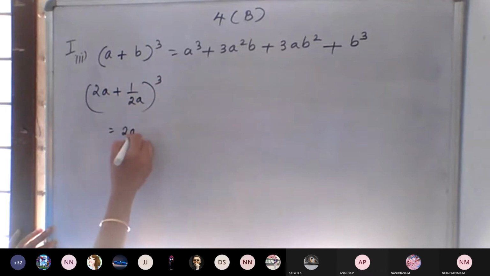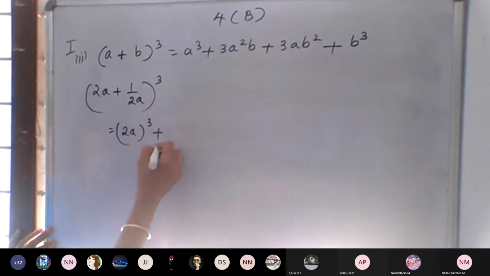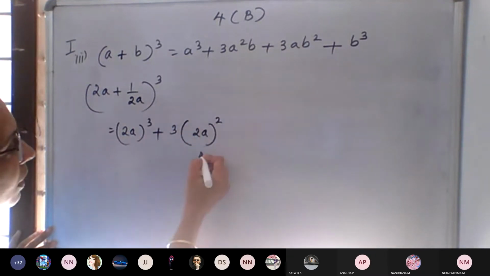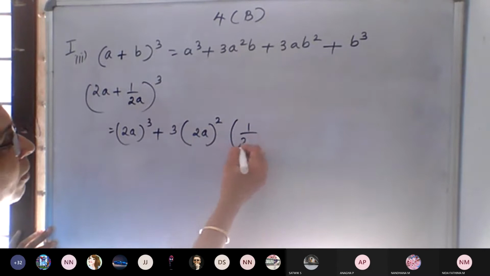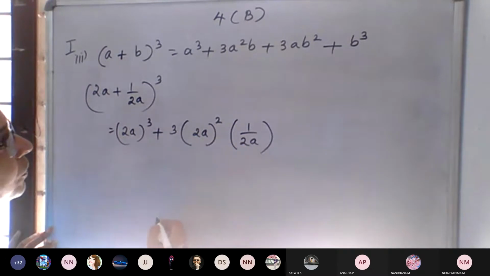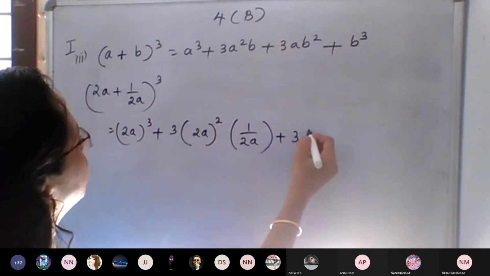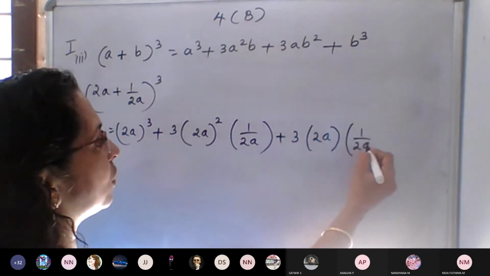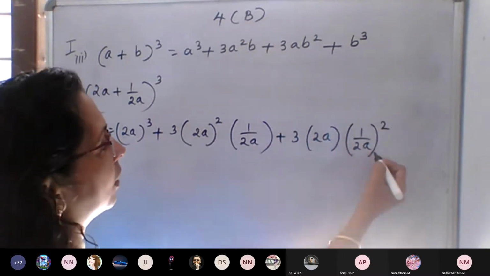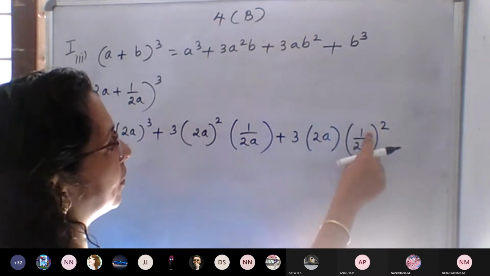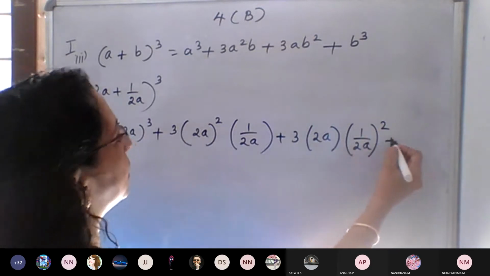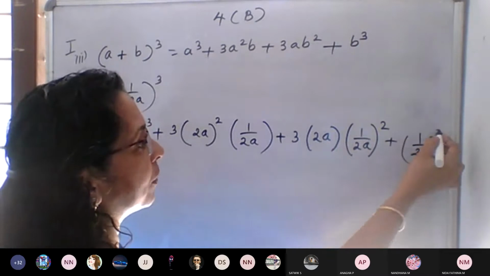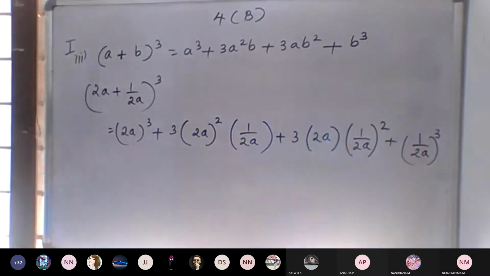Same, 2a the whole cube plus 3 into 2a square, then b means 1 by 2a, plus 3 into 2a, then b square means 1 by 2a the whole square, plus same way b cube means 1 by 2a the whole cube. Any doubt in this step?